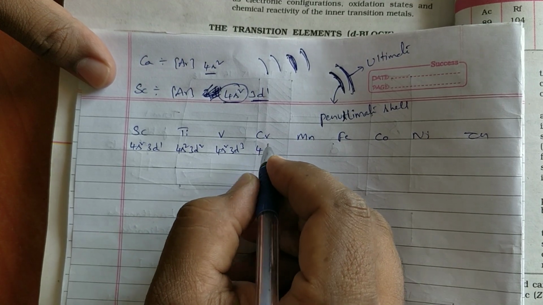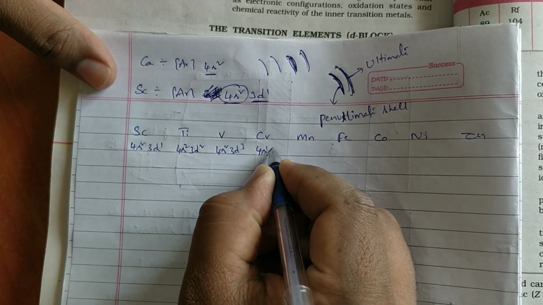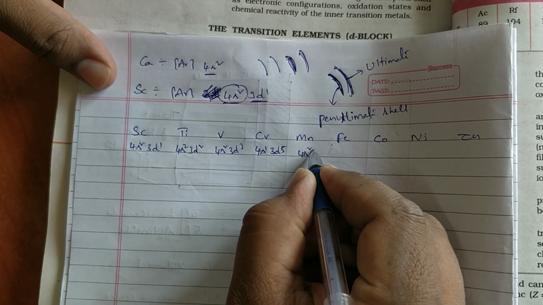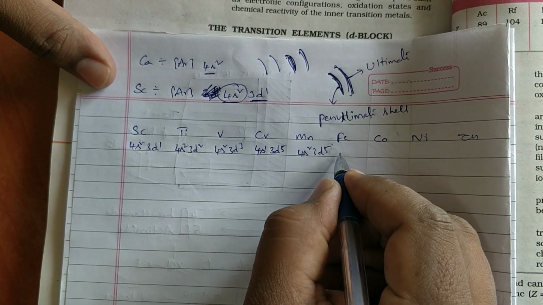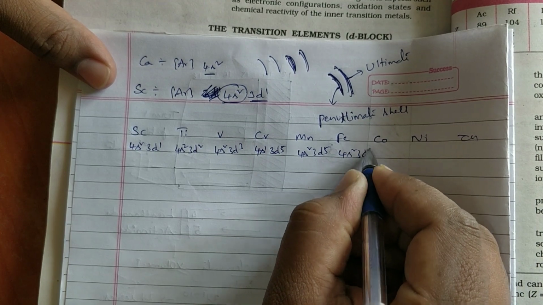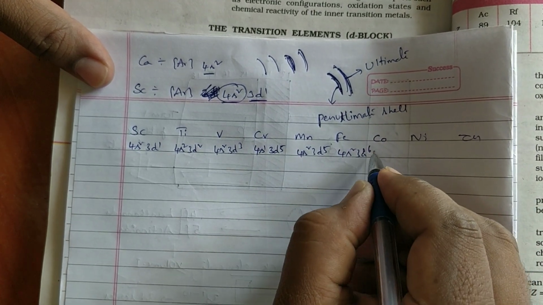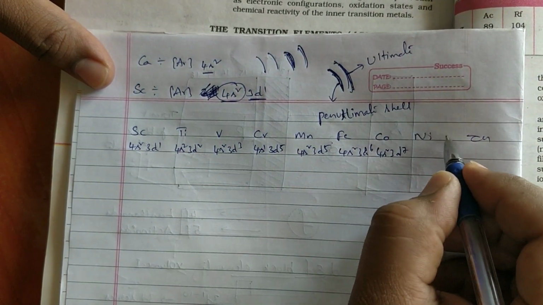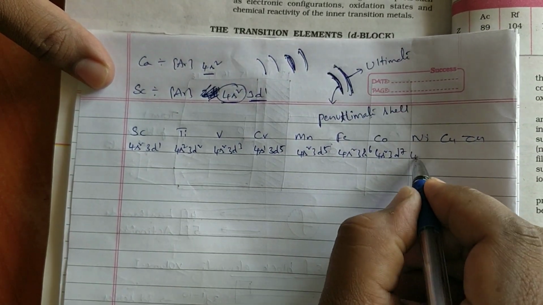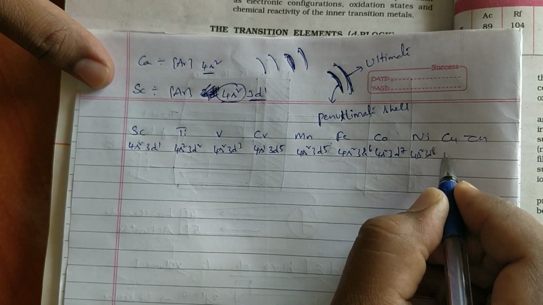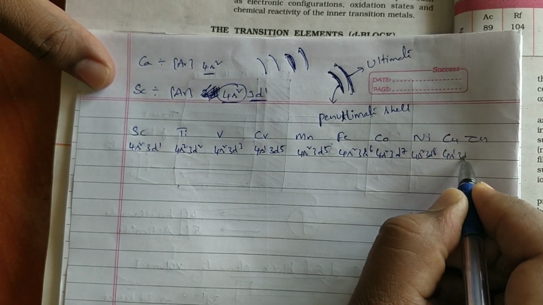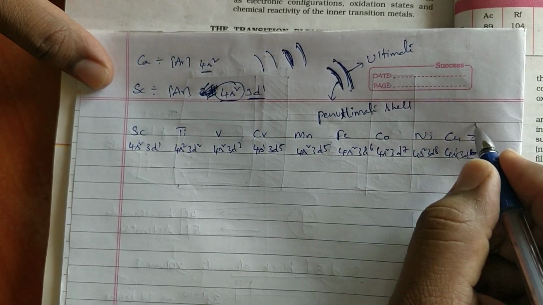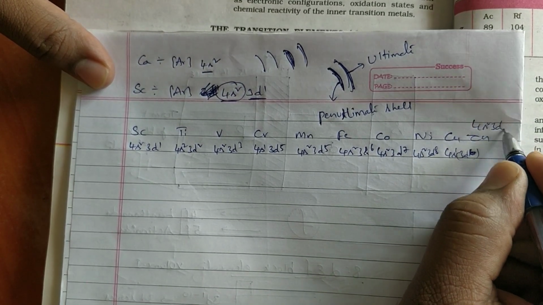Coming to chromium, there is an exceptional configuration, that means 4s1 3d5. Manganese 4s2 3d5, iron 4s2 3d6, cobalt 4s2 3d7, nickel 4s2 3d8, copper 4s1 3d10, an exceptional configuration of copper also, zinc 4s2 3d10.